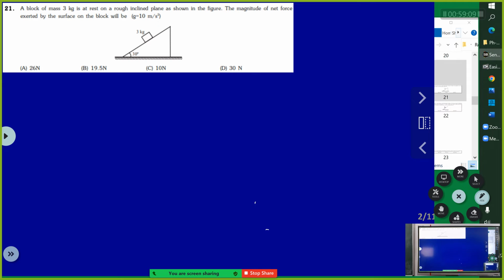A block of 3 kg is at rest on a rough inclination. The magnitude of the net force exerted by the surface on the block will be.